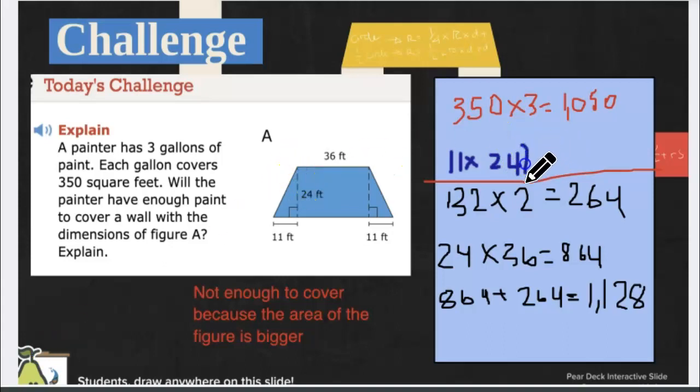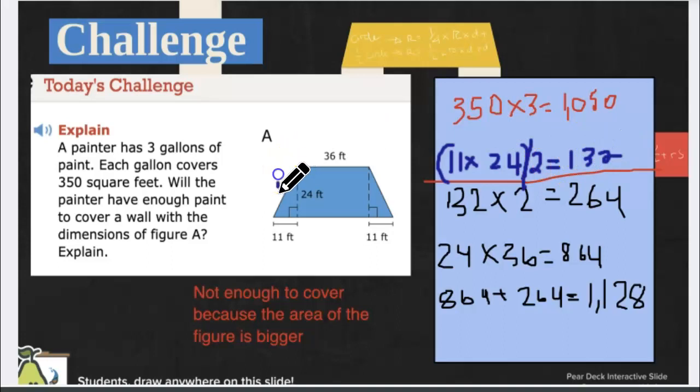She didn't show us that she did it, but she might have done it the way I was thinking. So 11 times 24 is 264, divided by 2, that is for the triangle. So that gives us 132.